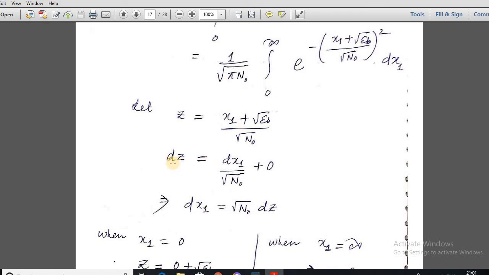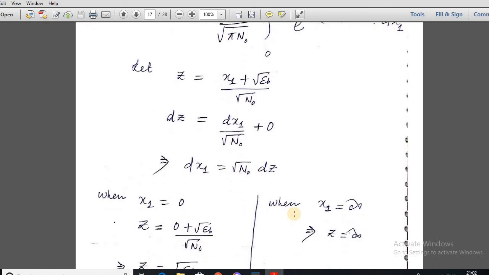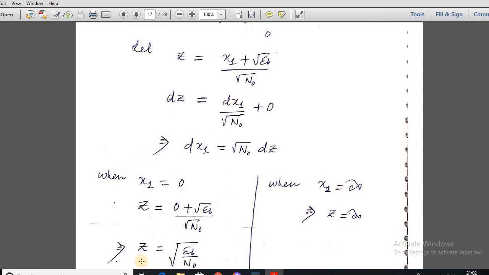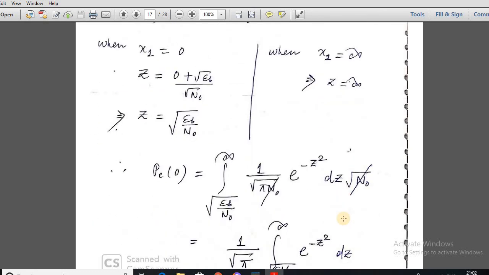So this is z, and then I can find dz, and I can get dx1 as root over of N0 into dz. Similarly, I can change the limits of integration. When x1 equals 0, the value of z is root over of Eb by N0, and when x1 is infinity, z is also infinity.